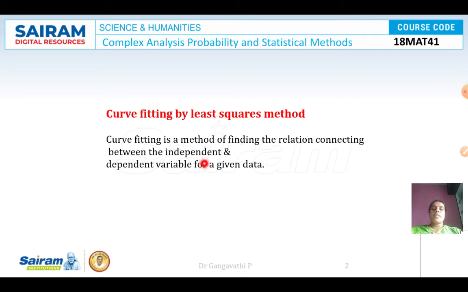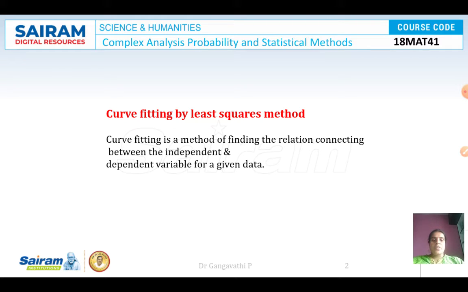So curve fitting is a method of finding the relation connecting the independent and the dependent variable for the given data. One might have a question, what is this curve fitting? A data will be given. We have to find the equation of a curve which suits that particular data. That is what curve fitting is.